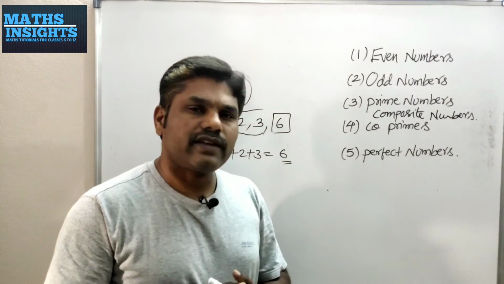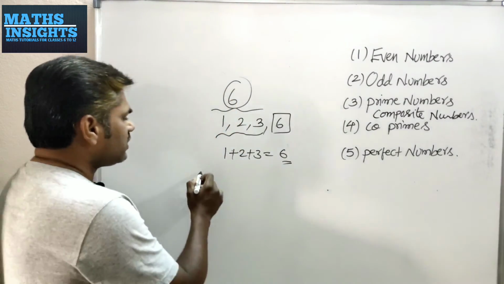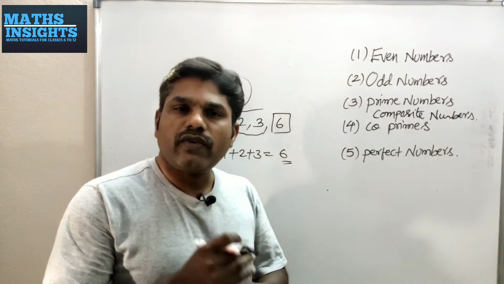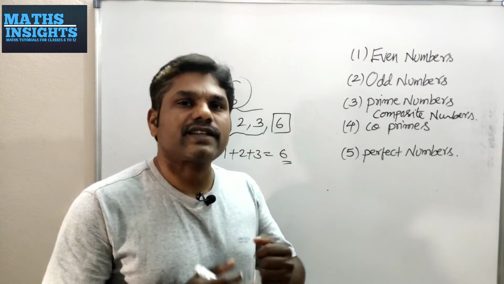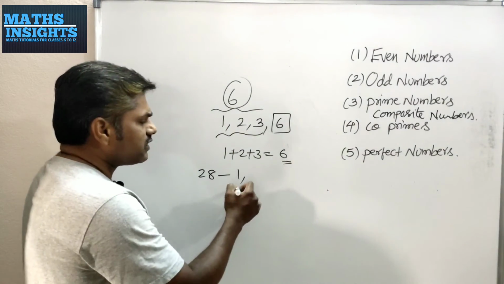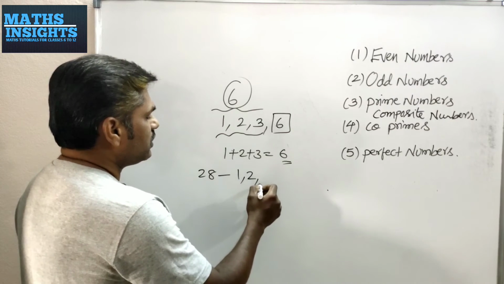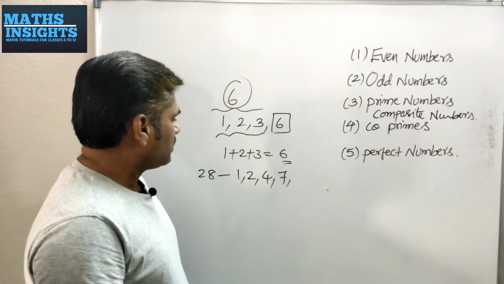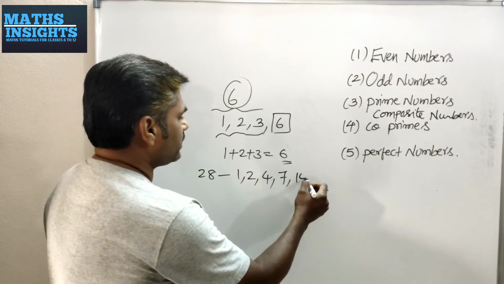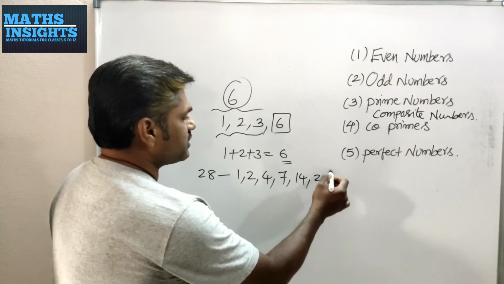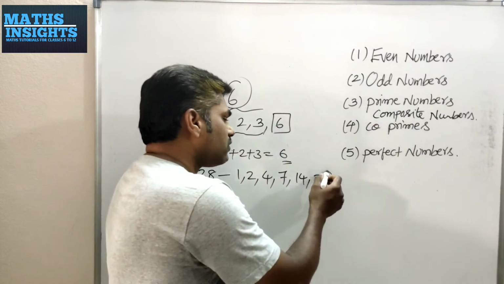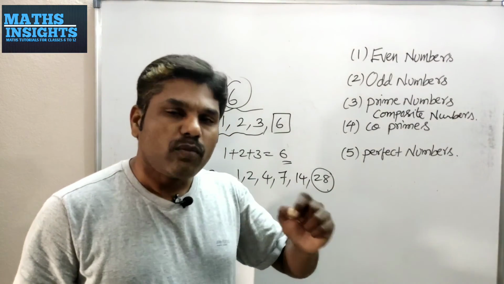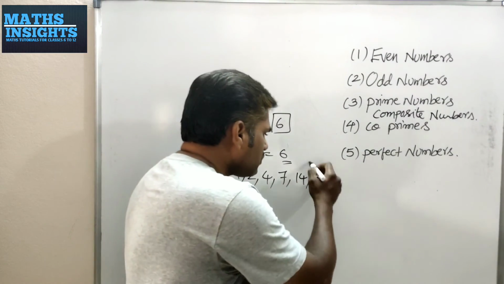If you take another example, I am taking 28. If you list out all the factors of 28 except 28, 1 is a factor of every number, 2, 4, 7 and 14. If you include 28, these are not called proper divisors, so you have to exclude 28.